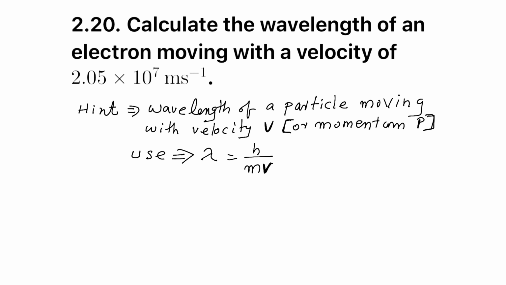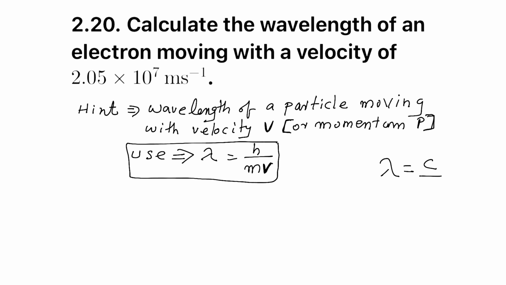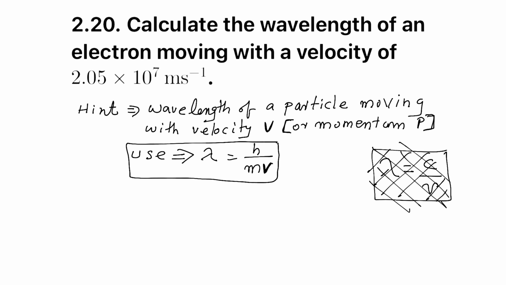Then, to find wavelength, you must use the de Broglie wavelength. Don't try to use lambda is equal to c by nu. This is for photons, okay?